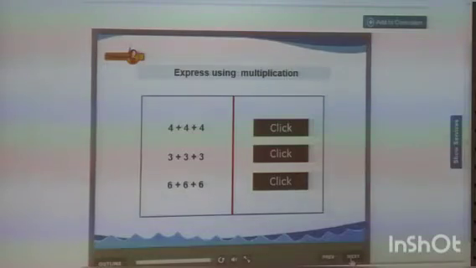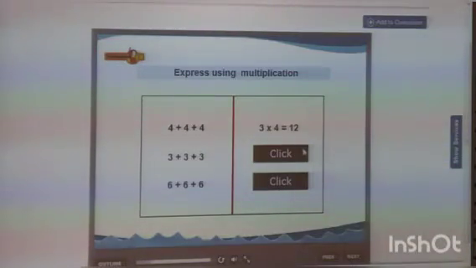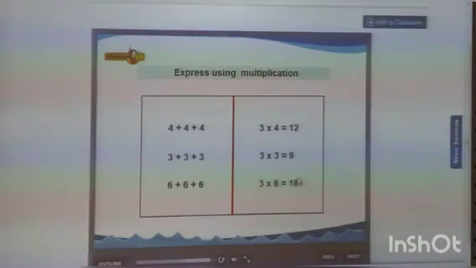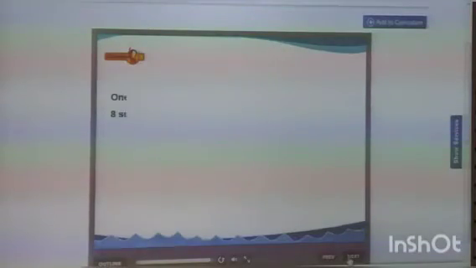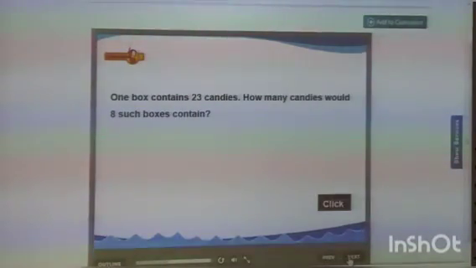Express using multiplication. Click for answer. One box contains 23 candies. How many candies would 8 such boxes contain? Click to know the answer.